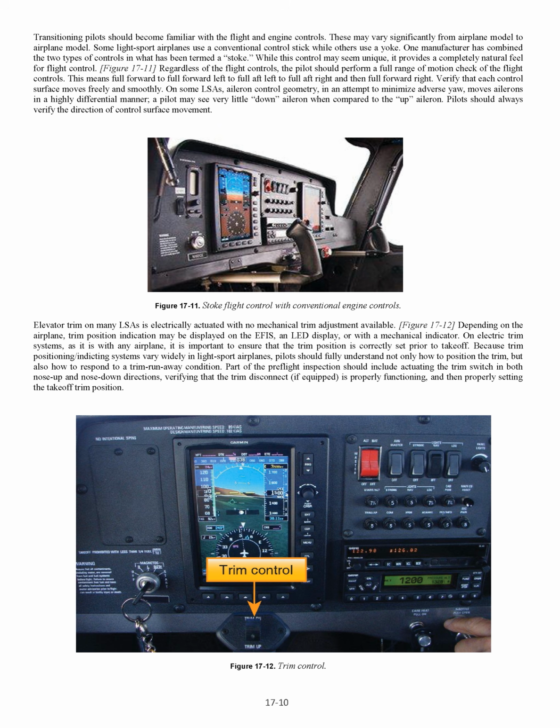Because trim positioning and indicating systems vary widely in light sport airplanes, pilots should fully understand not only how to position the trim, but also how to respond to a trim runaway condition. Part of the pre-flight inspection should include actuating the trim switch in both nose up and nose down directions, verifying that the trim disconnect, if equipped, is properly functioning, and then properly setting the takeoff trim position.